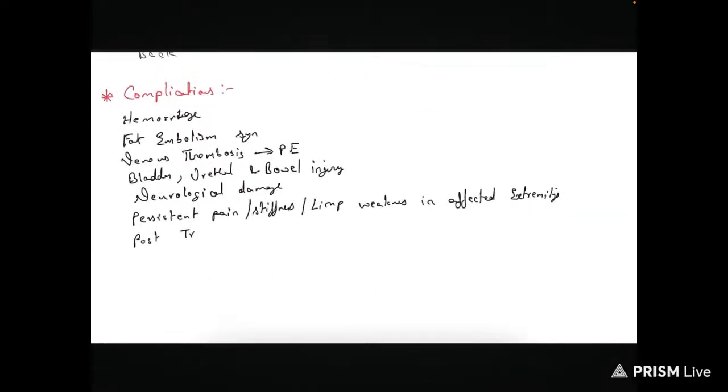Next, some neurological damage, some persistent pain, stiffness, limb weakness in the affected extremities, and post-traumatic osteoarthritis, osteoarthritis of joints with intra-articular fractures.